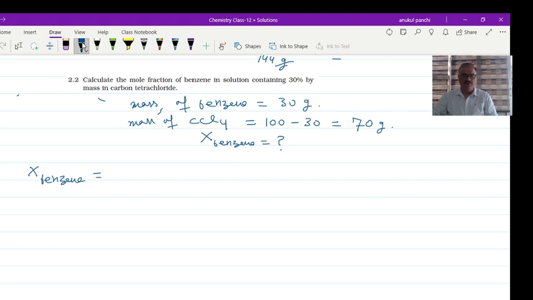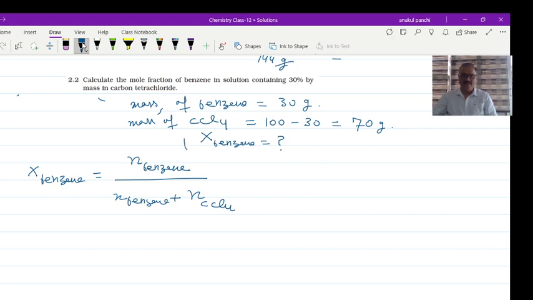will be equal to the number of moles of benzene upon the sum of the number of moles of benzene and the number of moles of carbon tetrachloride.